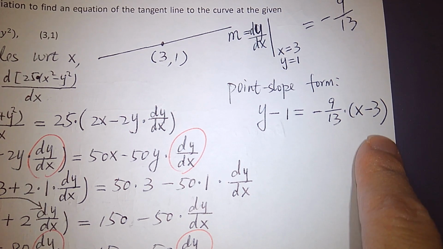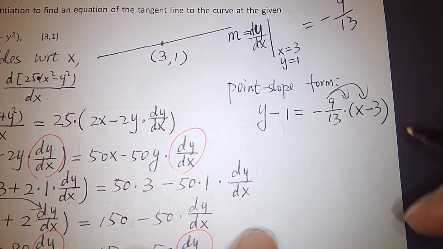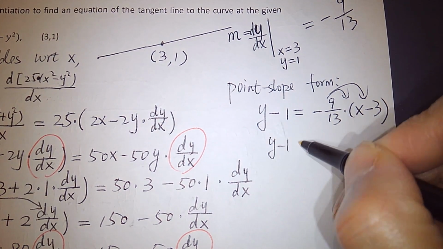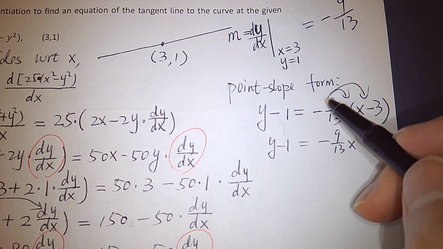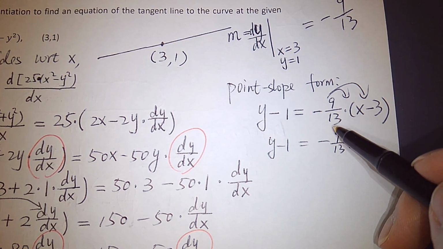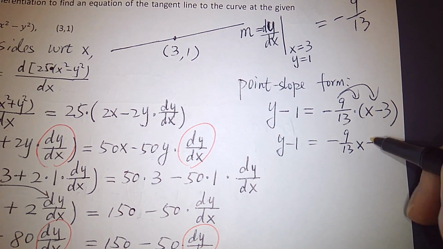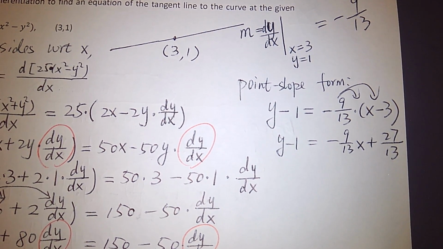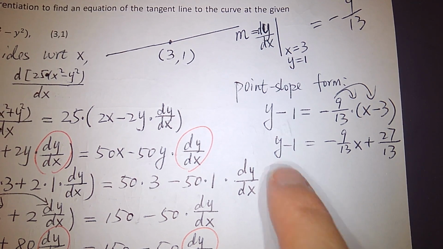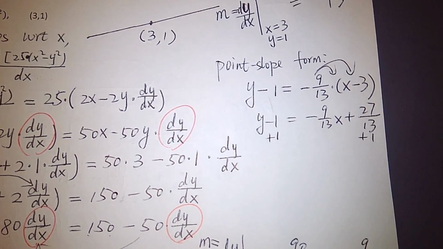So we have to simplify this. Okay, we have to simplify that. So this gives us y minus 1 equals what? Negative 9 over 13 x. Negative 9 over 13 times negative 3 gives us what? 27 divided by 13, right? And then adding 1 to both sides.